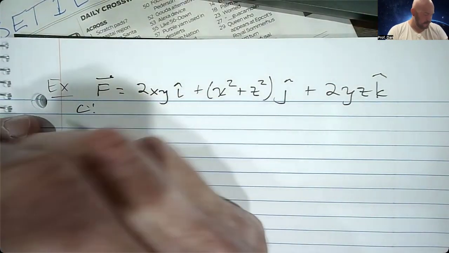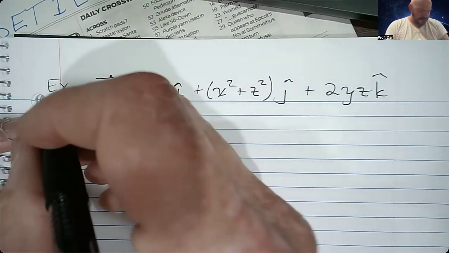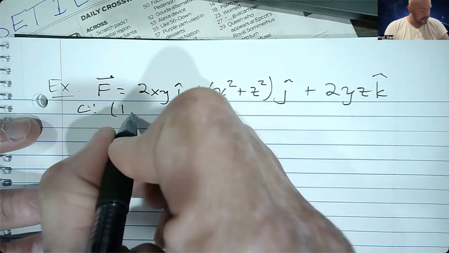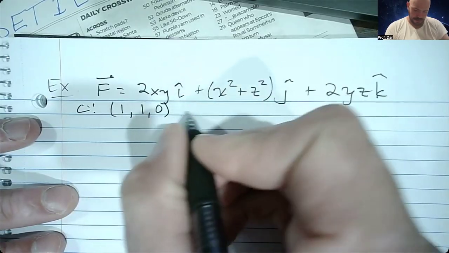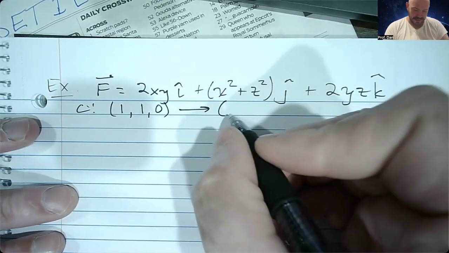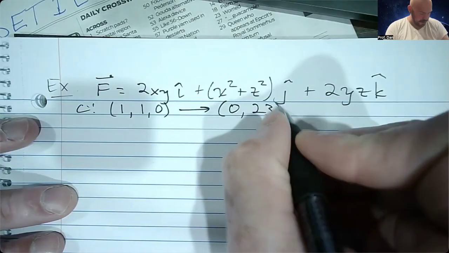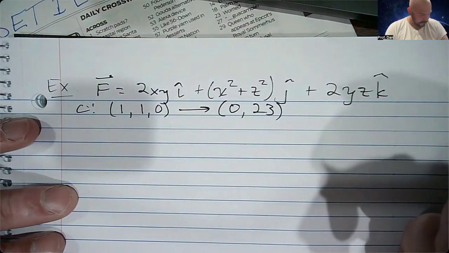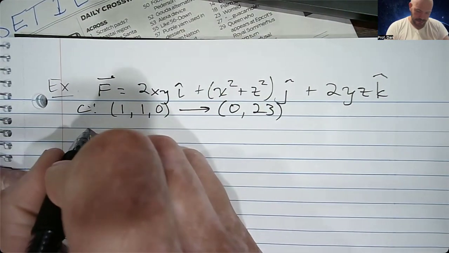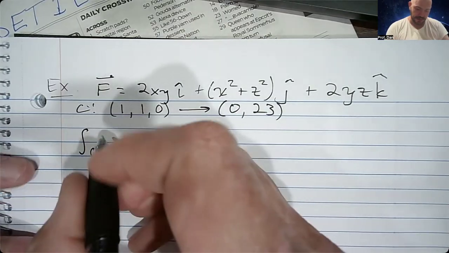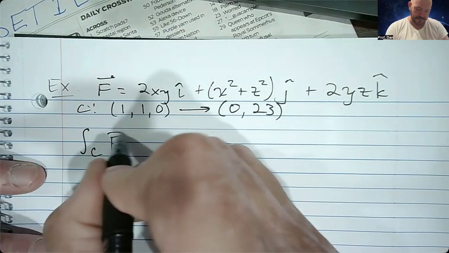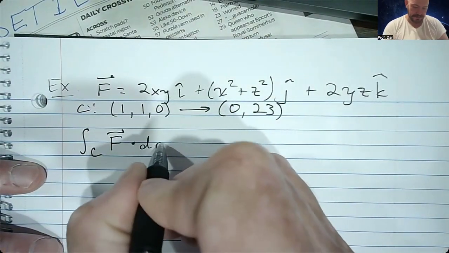Oh, we need the C. So our path C is going to begin at the point 1, 1, 0 and end at the point 0, 2, 3. And we want to compute the integral over the path C of F dot dr.